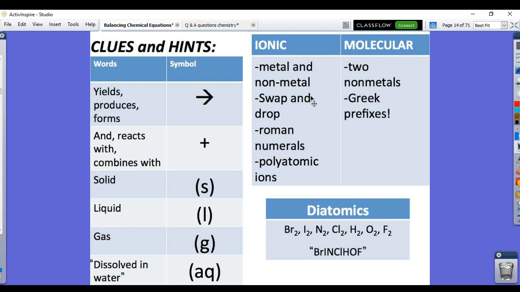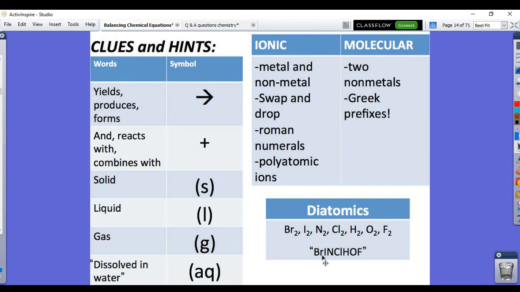And then you have just a recap. Remember, ionic means you have a chemical compound between a metal and a nonmetal, and molecular means you have two nonmetals. And then don't forget about our diatomics, and there are 7 of them, and they always appear in nature as 2.